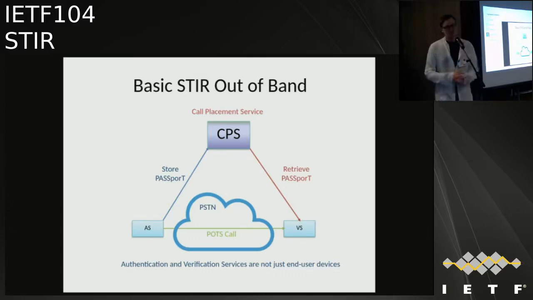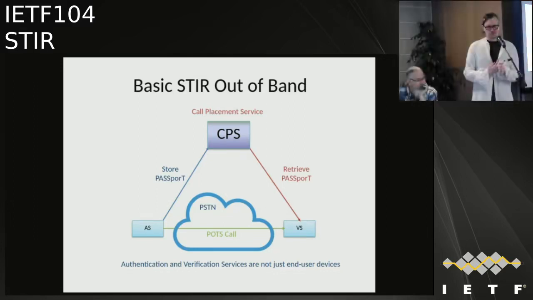Because we defined STIR initially in 8224 as pretty much a SIP-specific service, we've done a lot of mediation about what to do for cases when calls only partially go over SIP. If the call starts in the IP domain, goes through a gateway, then goes through the PSTN and lands in a smart endpoint, is there something we can do?